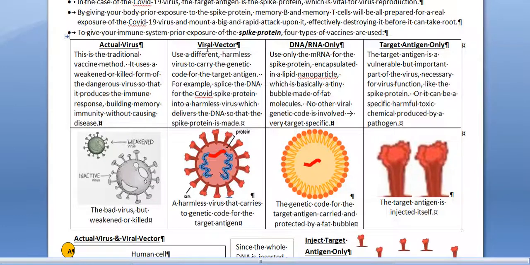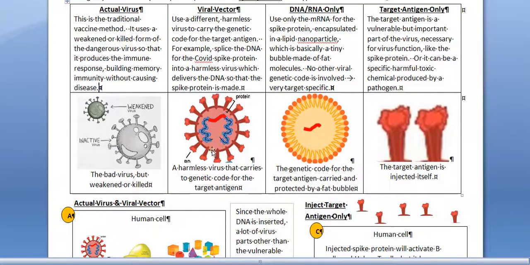So viral vector. What you do is you use a totally different virus, a harmless virus. You modify it to carry the genetic code for the target antigen, in this case the spike protein. For example, you splice the DNA for the COVID spike protein into a harmless virus which can't hurt humans, which delivers the DNA so that the spike protein is made inside the human cells.